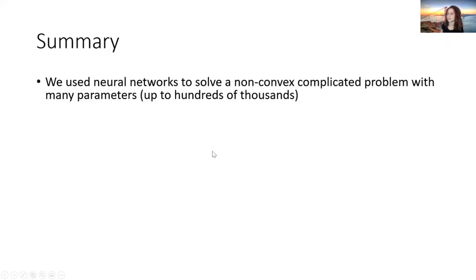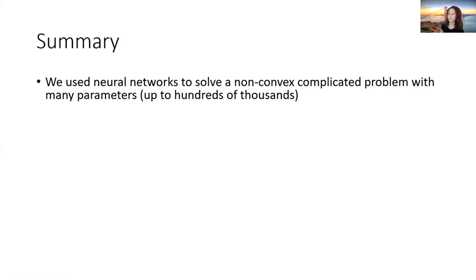Okay, so to summarize, we used neural networks to solve a very complicated problem. It's non-convex, usually needs a very good initialization, and we didn't use any initialization. We solved it from scratch. And it has many parameters, up to hundreds of thousands or even millions.